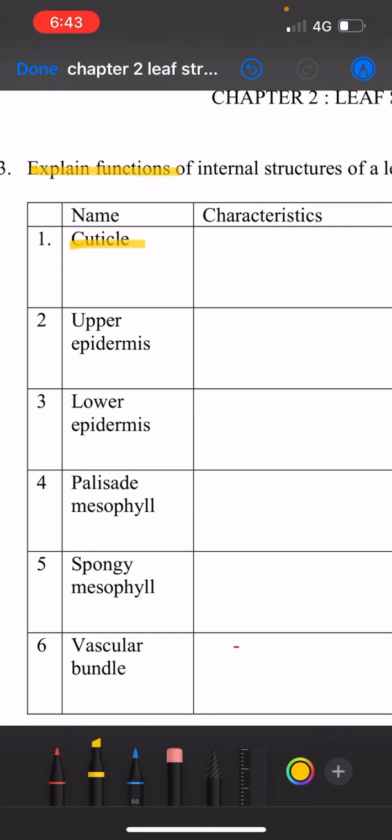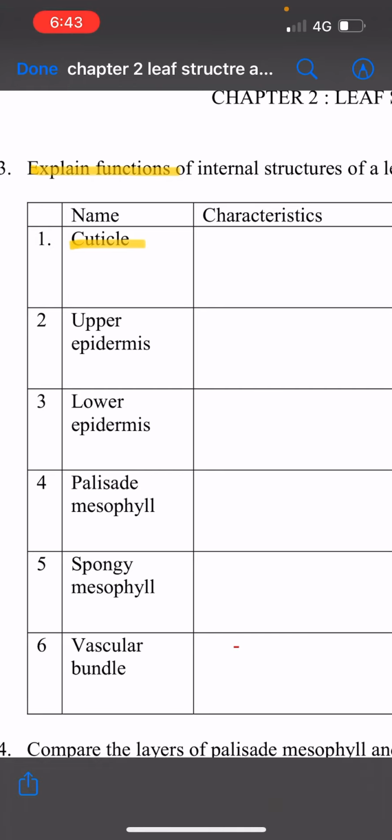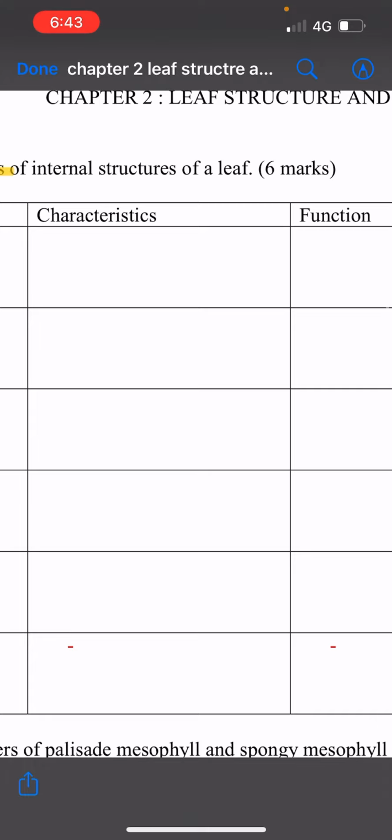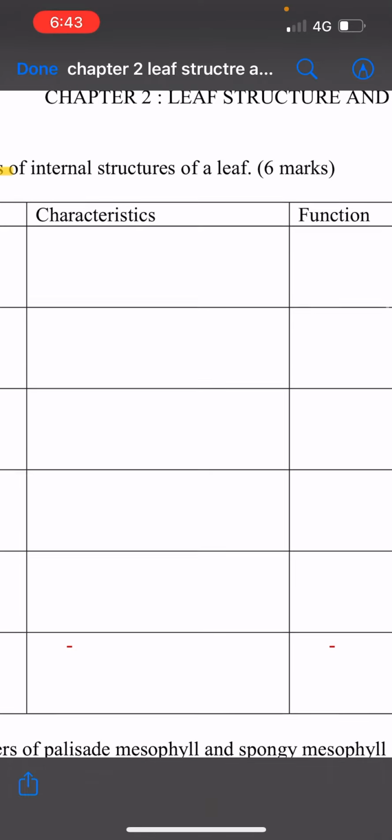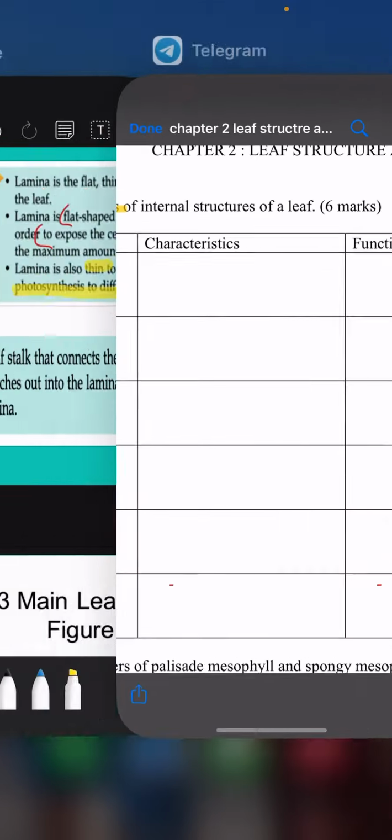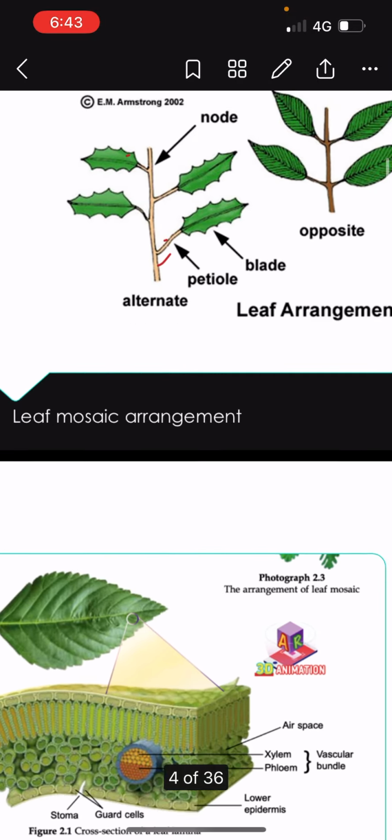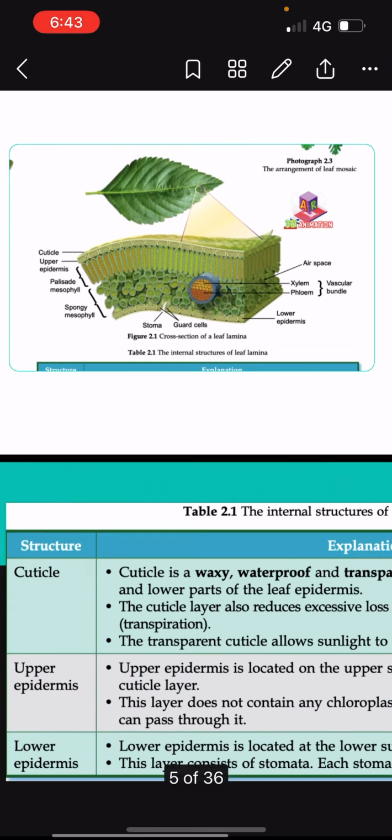Say we want 2 marks. With the same technique, you have to identify 1 characteristic, then identify 1 function.